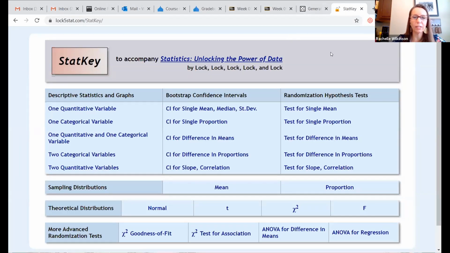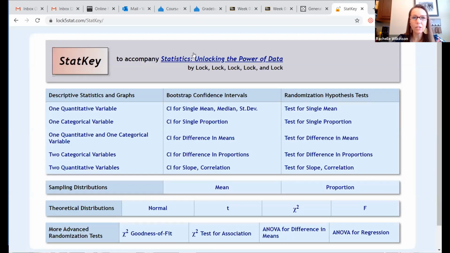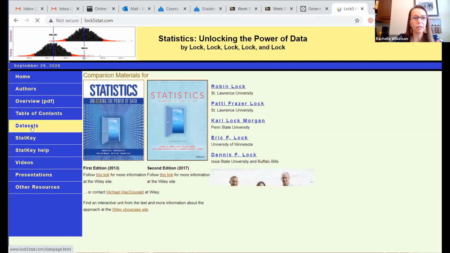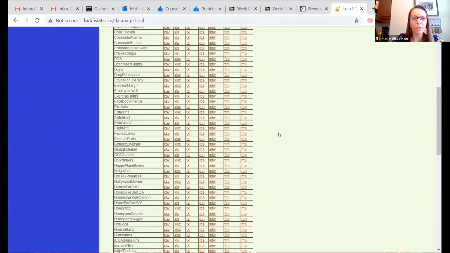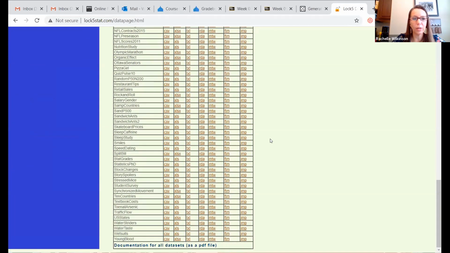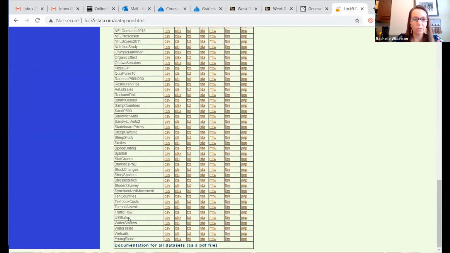So again, if you want to do this while I'm doing it, that's great. In order to find the data from our textbook, one way of getting there is to click on the title of our textbook inside of StatKey, and then click over here on data sets, which pulls up the data set list. The data set I'm going to use is called US States, all the way down here at the bottom.